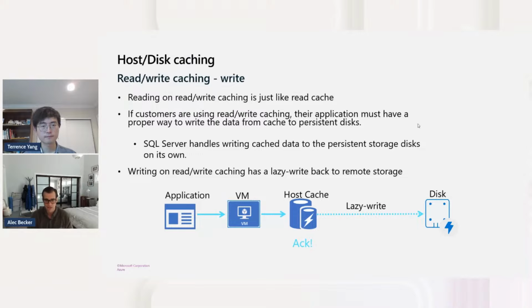So it's best used for temporary data, or data that you're willing to lose, which I wouldn't recommend. But it's good for something like an OS disk, where it's temporary files and whatnot.